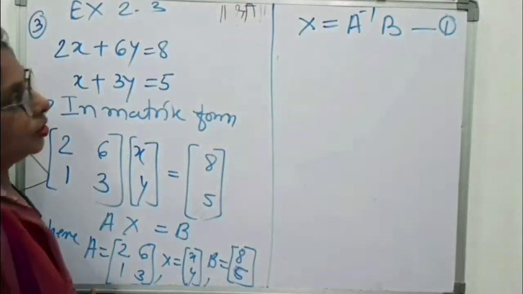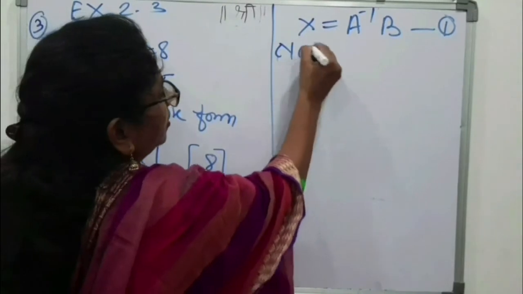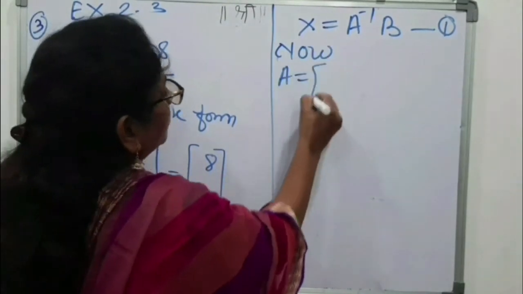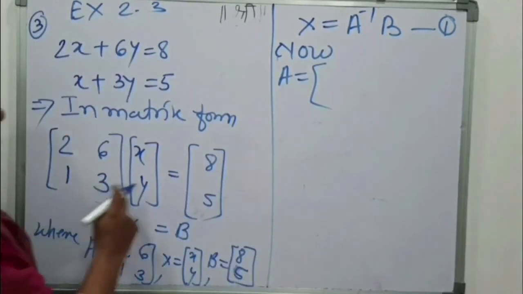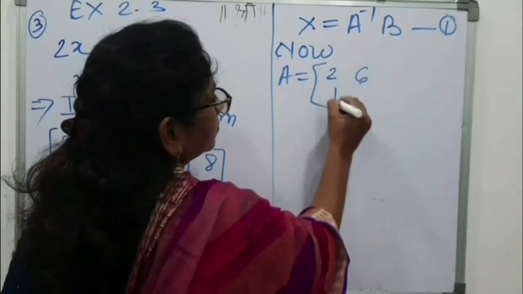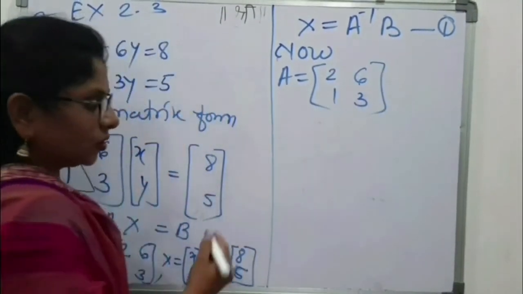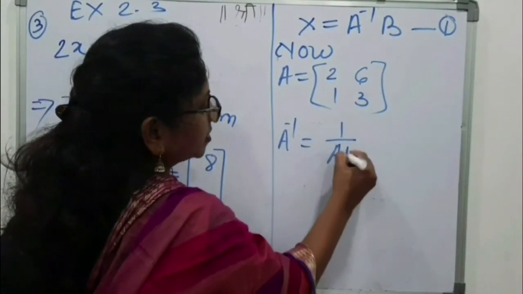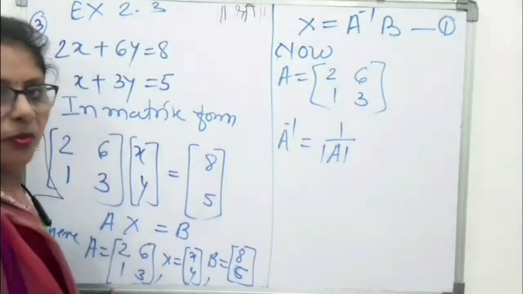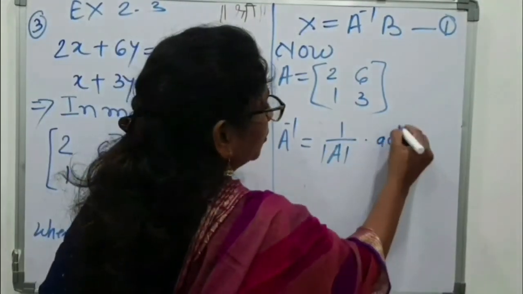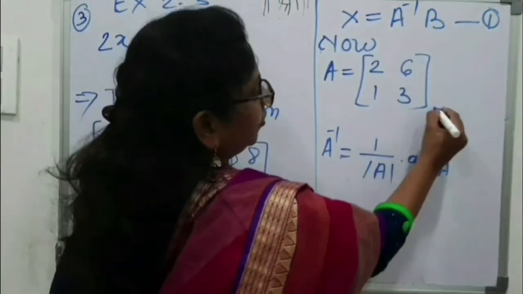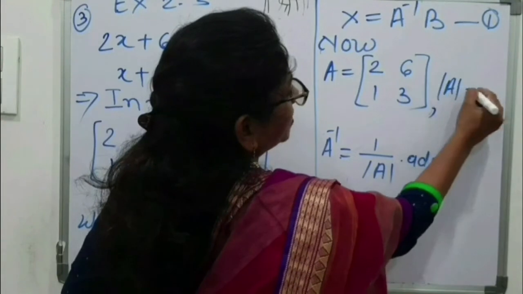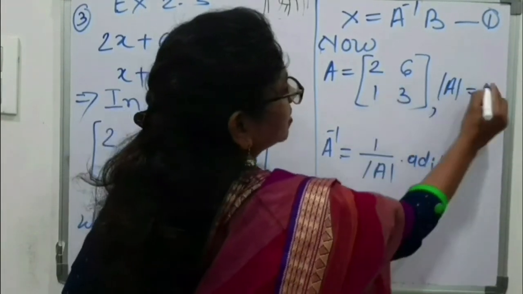So what is your A now? 2, 6, 1, 3. By the shortcut method you can find A inverse. A inverse is 1 upon determinant of A into adjoint of A. If you find the determinant of this matrix, then 6 minus 6.